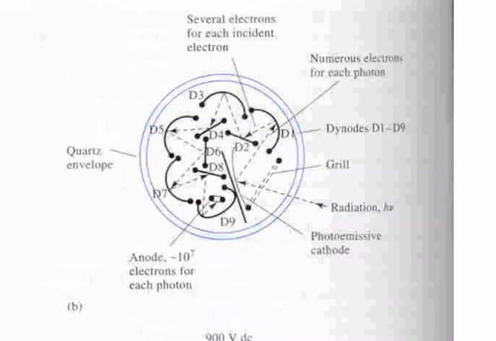Now, the photon is going to come in from this direction. hν is the energy of a photon. Photon comes into the tube. What happens? Well, the first thing it does is it encounters this electrode right here, which is our photoemissive cathode. That's the electrode which has the most negative voltage applied to it, the most negative potential.